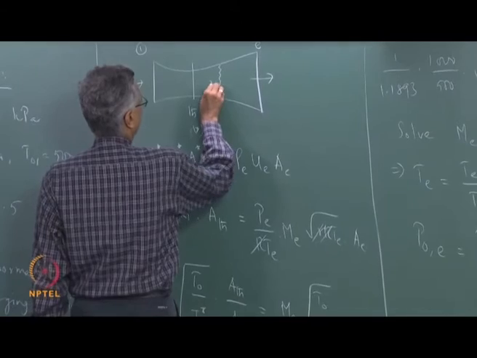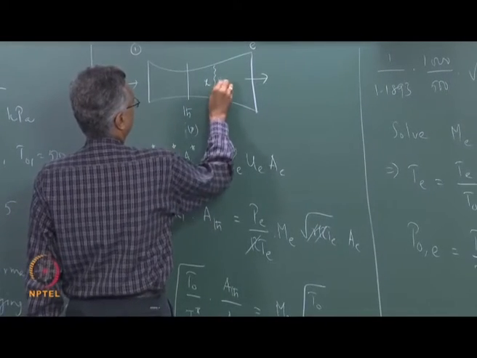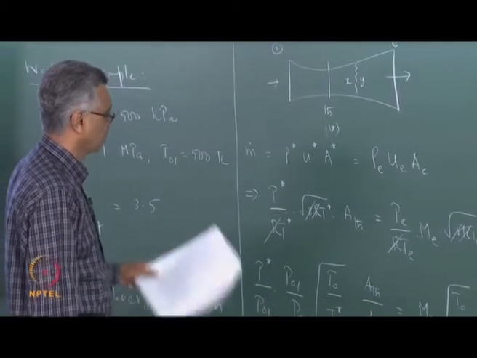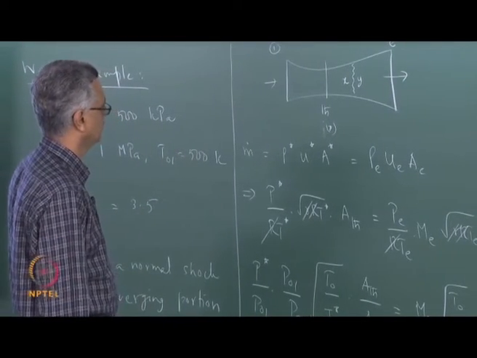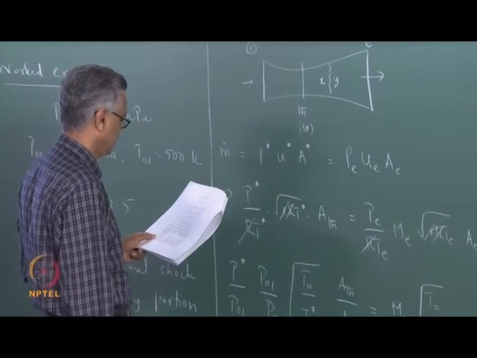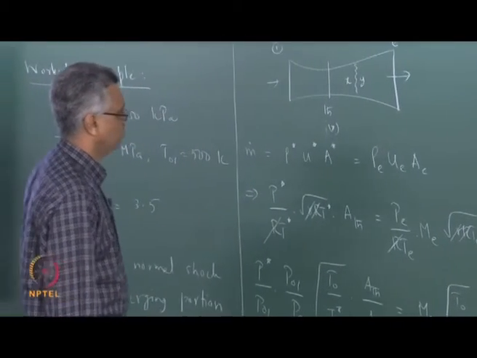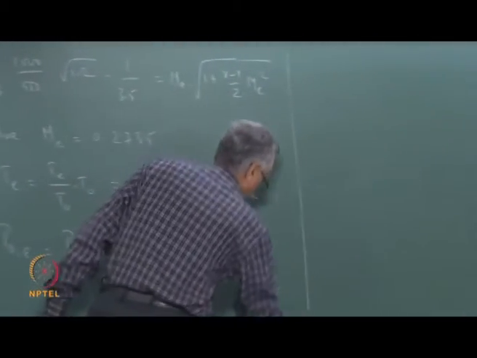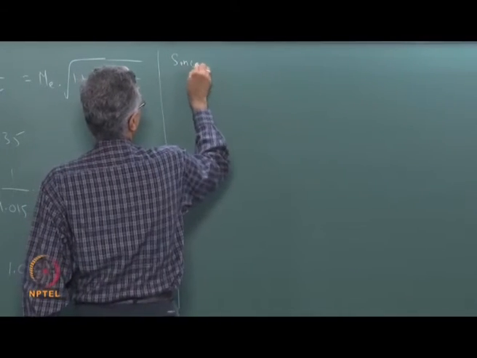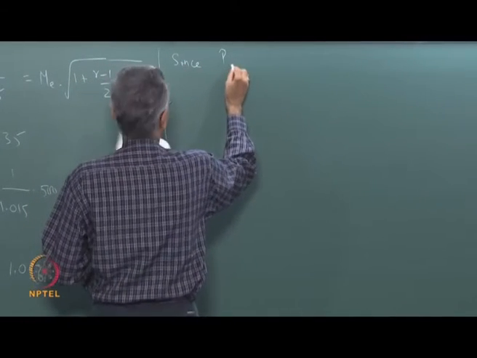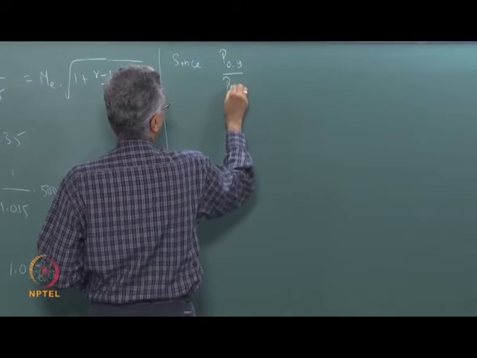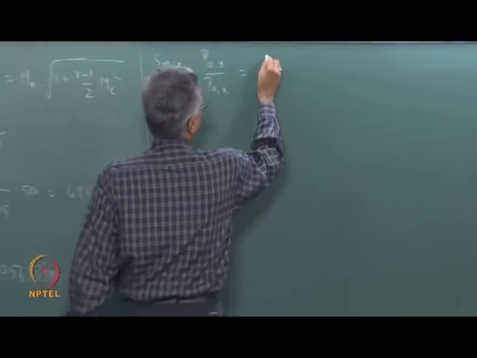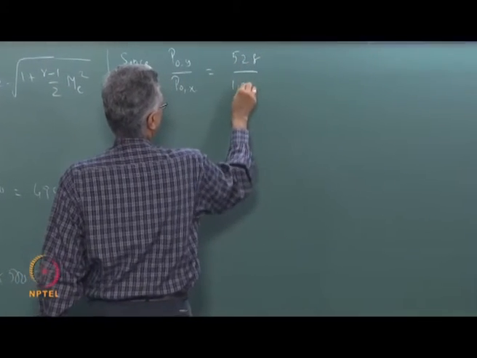That is also very important in many applications. So let me denote the state ahead of the shock by X and the state downstream of the shock by Y. Now I know P0x over P0y. So P0y over P0x is nothing but 528 divided by 1000.